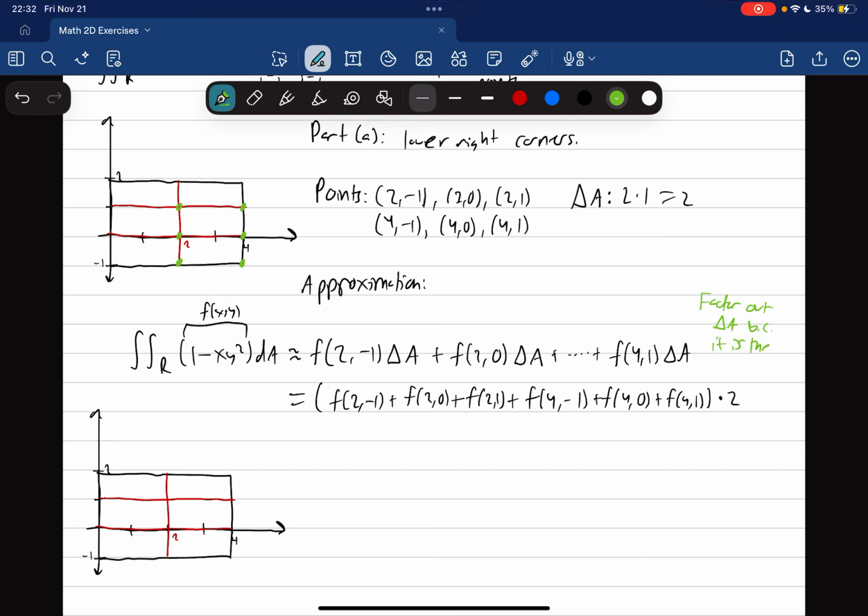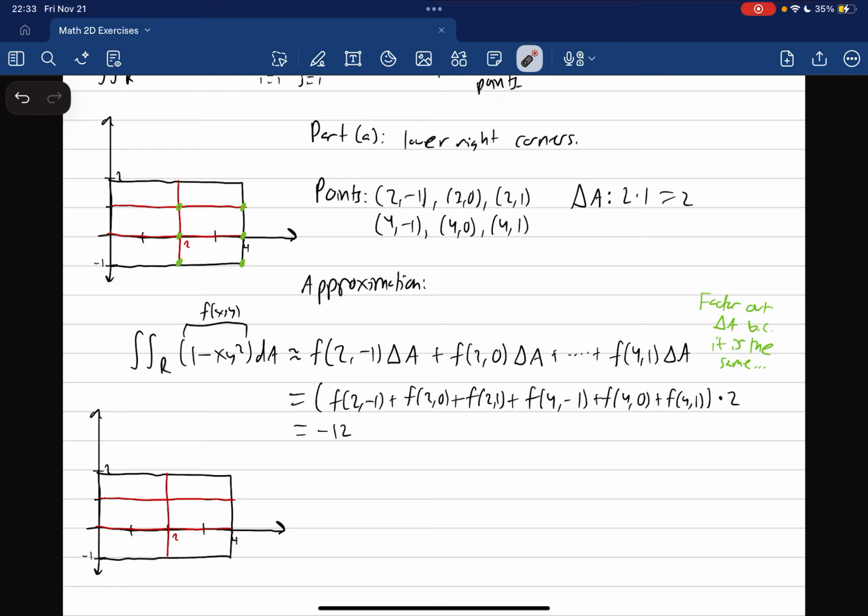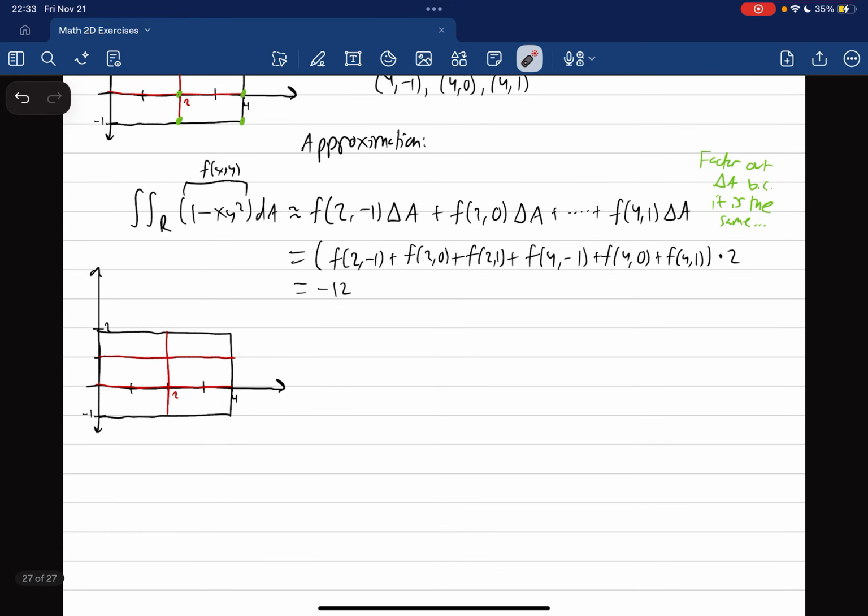Going to a calculator, this expression works out to be exactly -12. So that would be the approximation when we use the lower right-hand corners.